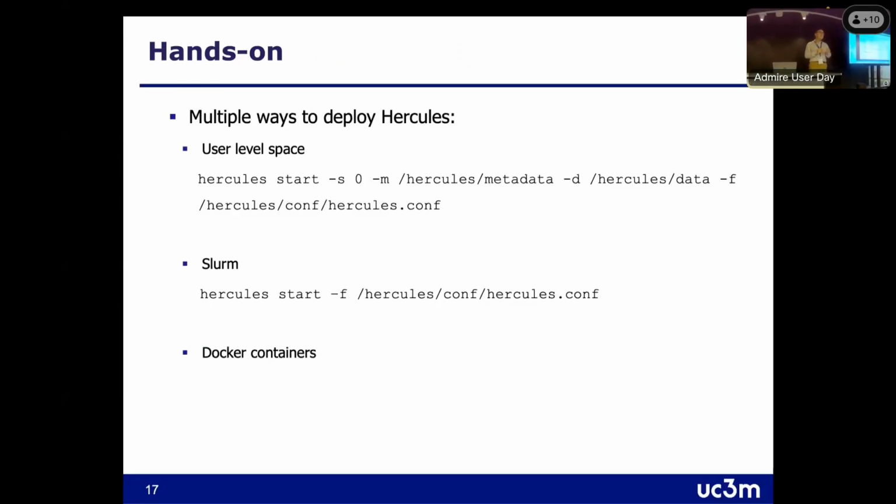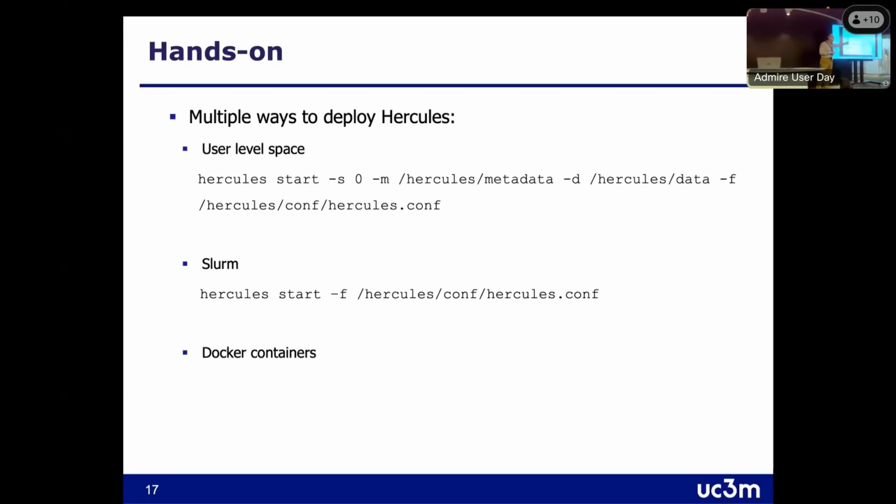Of course, we have a script for starting, stopping, shrinking, and expanding the system. Here you have Hercules start. You define the configuration that is in the Hercules metadata file and the data configuration that is in the Hercules data file, and all this information is included in these files.